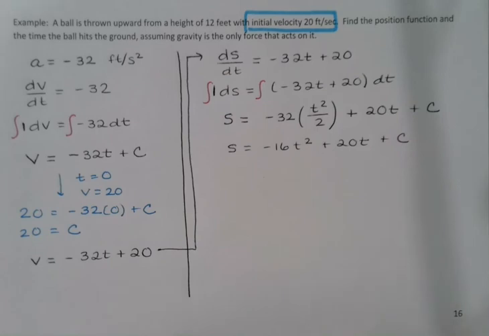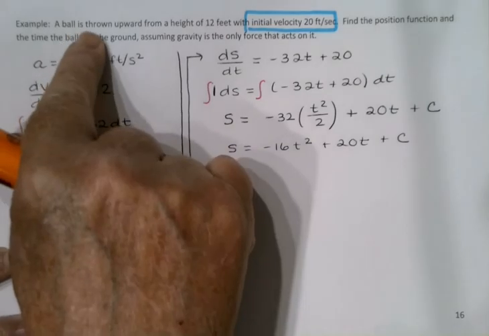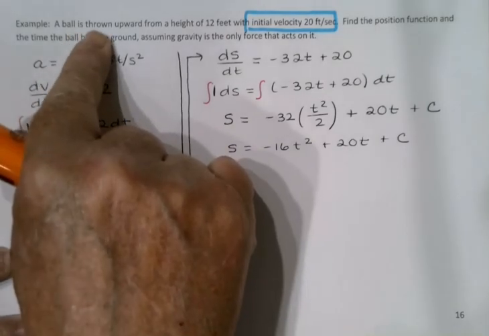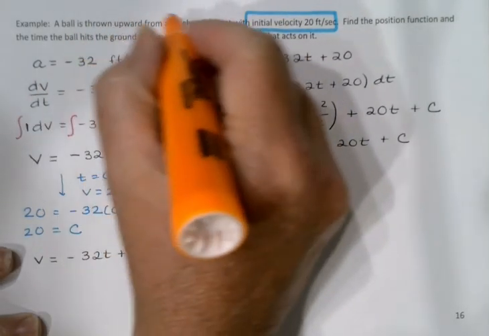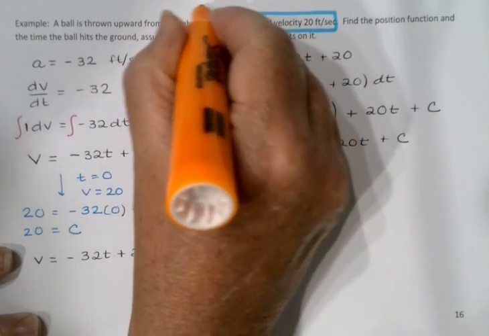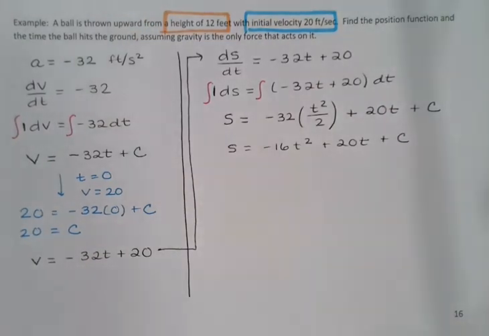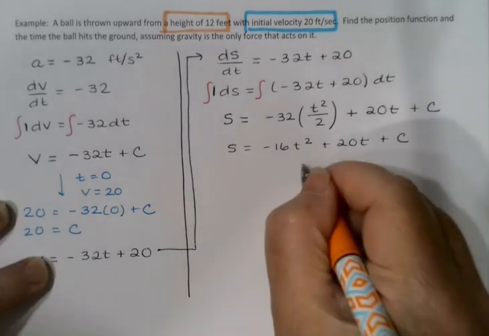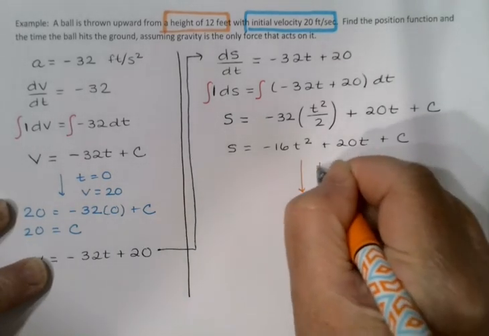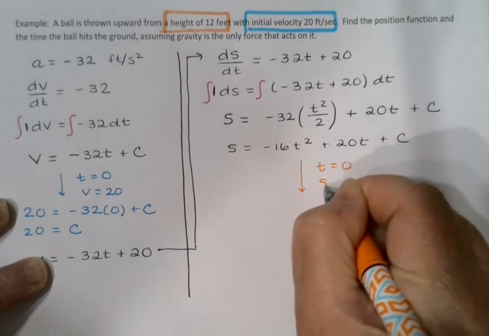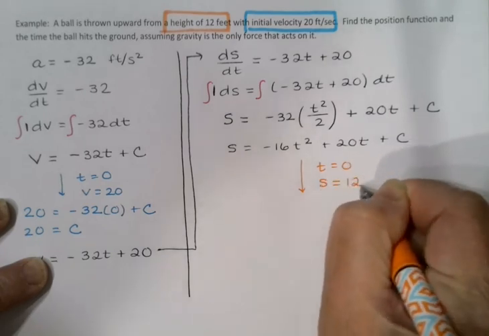All right, we need to solve for this c also. When the ball is first thrown, so at time 0, it's at a height of 12 feet. I'll use that as my initial condition for the position. At time 0, position or height is 12.